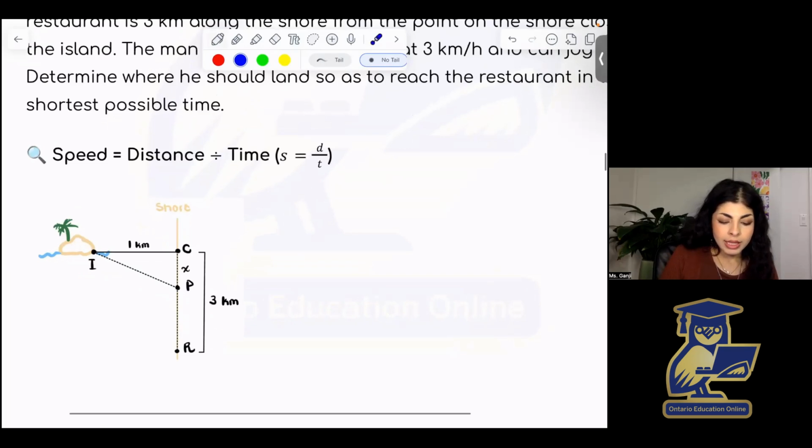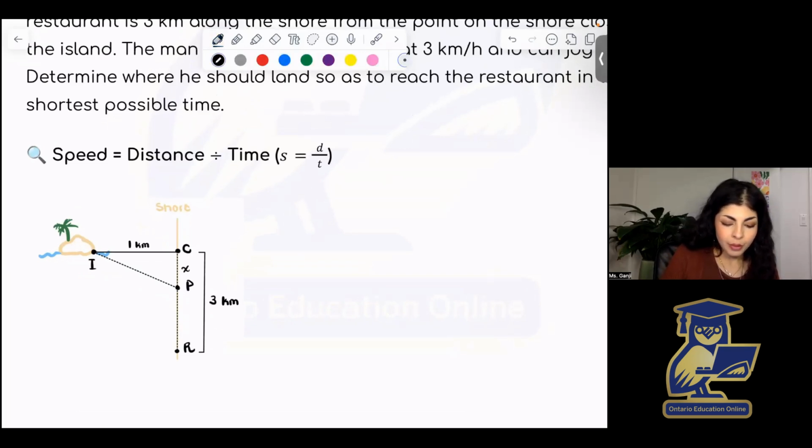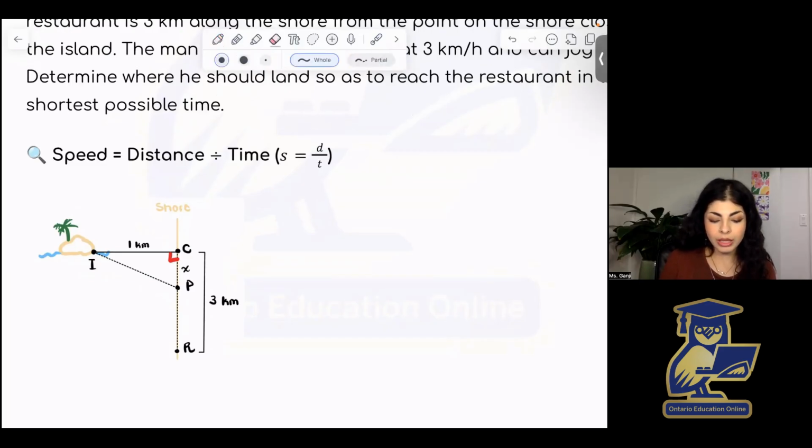And so this is also a right triangle here because, again, remember, closest distance is the horizontal line. So that's why we have a right angle there. And so we can define this distance to also be x. So the distance from the closest point to the point that he lands at.